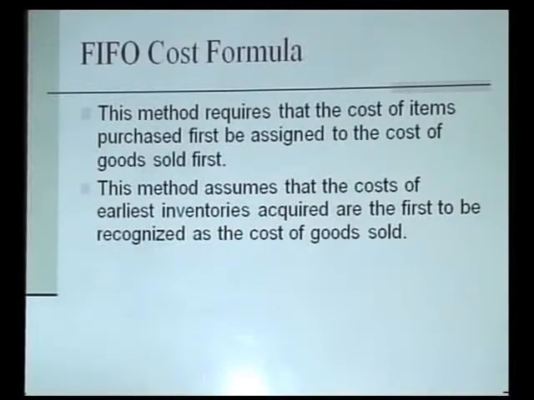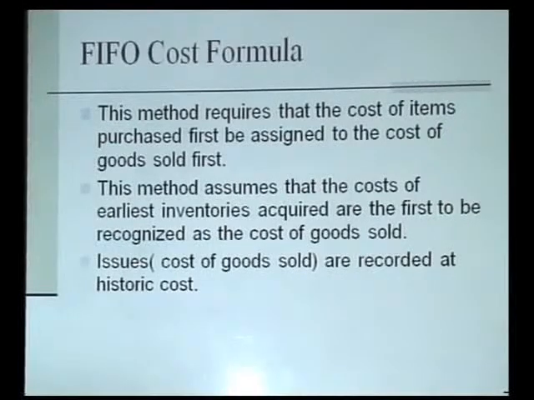Then the cost assigned to the first or old stock will be used to value the issues under this method. In other words, issues are recorded at historic cost, because for issues you use the old price.